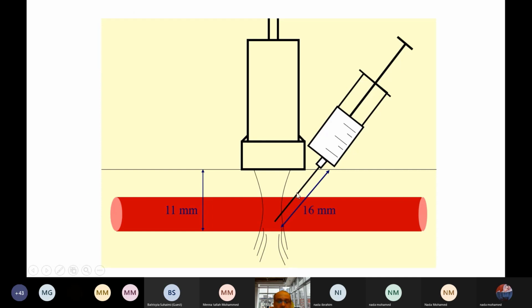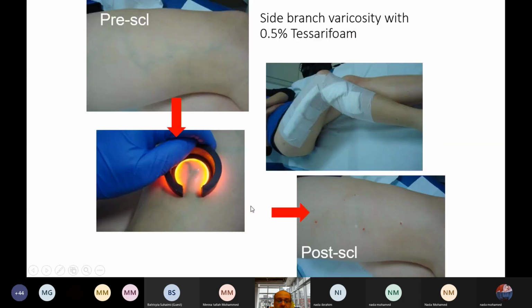This is the probe of the ultrasound. I can see the vein here, then I apply my syringe with foam and inject here. When I do foam sclerotherapy, I'm not afraid of some of the sclerosing material escaping into the deep system, because the foam is stable. Whenever I inject here, it will remain here and not escape.